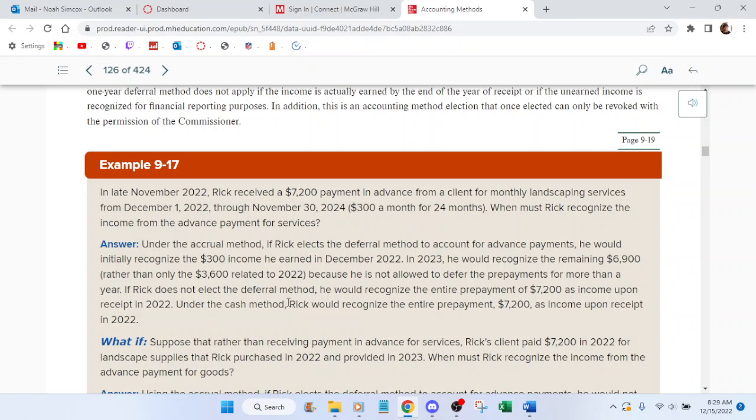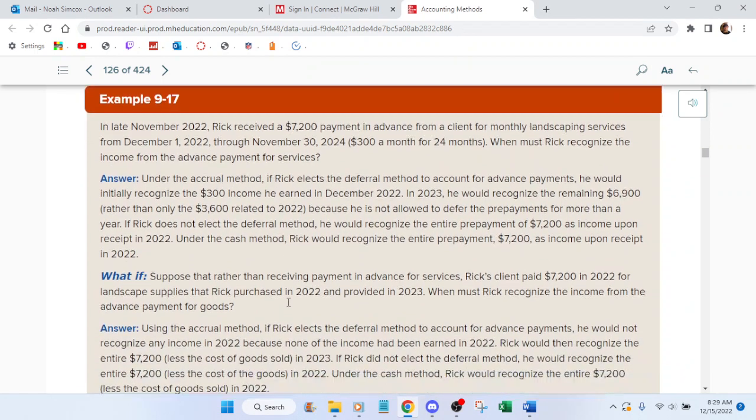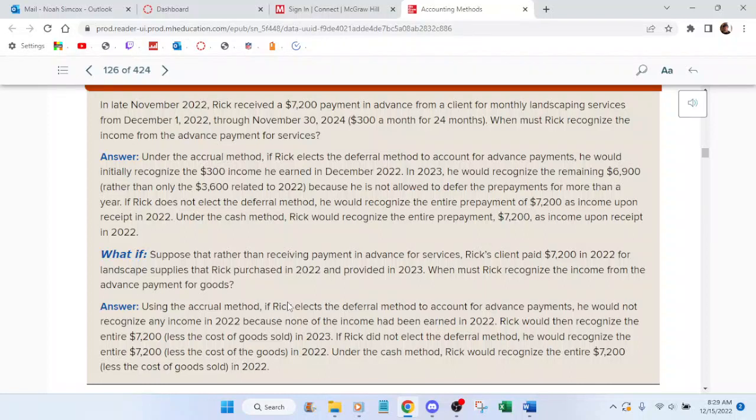I believe that you don't have to recognize any income for 2022 because he didn't even provide any services or goods at all in 2022. So that's my answer, right? Hey, I was correct. Less cost of goods sold.